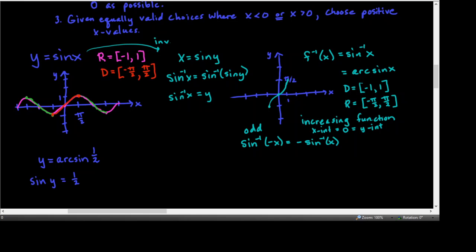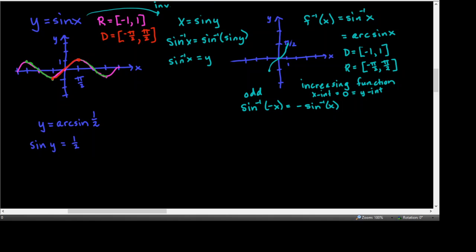When you're asked for an arc sine or an inverse sine value, I want you to keep in mind that that is an angle. The arc sine of 1/2 or the inverse sine of 1/2, you're getting an angle answer. Okay? And we're going to be using radians. You can see this is in radians. So think about what angle would give you 1/2 if you took the sine of it.